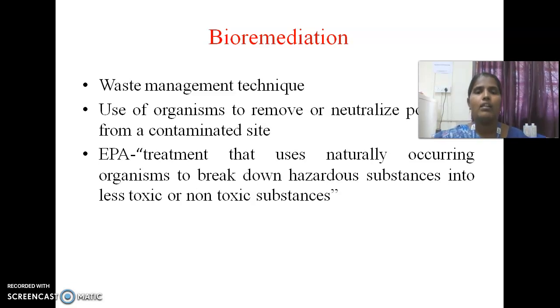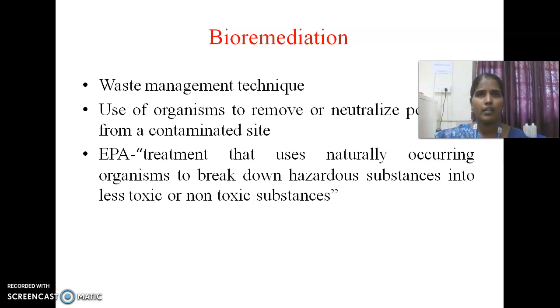For example, chromium is one of the toxic metals. Hexavalent chromium is very highly toxic. So, through this technique, we can reduce hexavalent chromium into trivalent chromium, because trivalent chromium is less toxic compared to hexavalent.